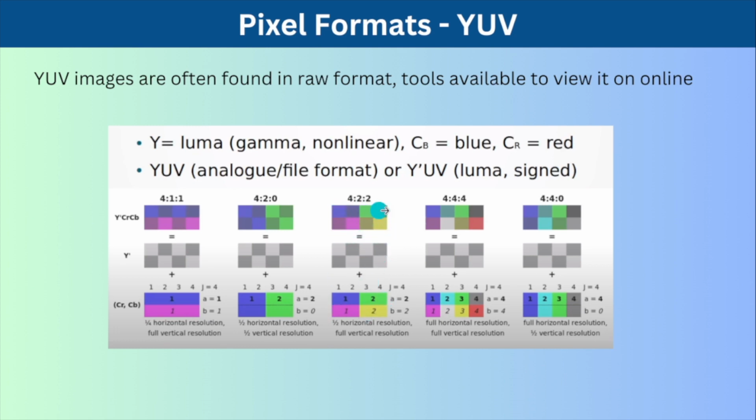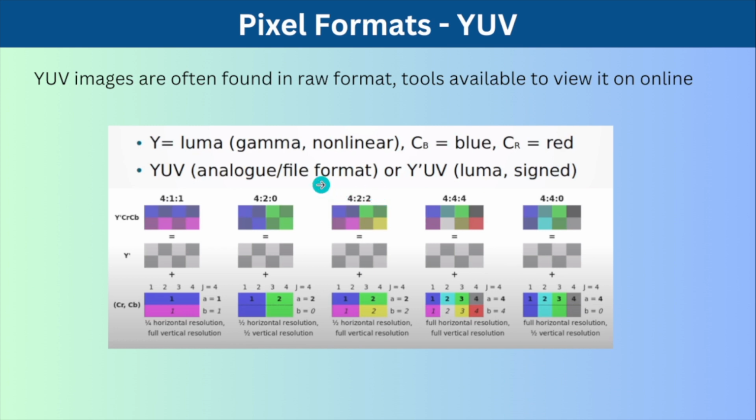So the U plane has 4 samples, where 2 pixels use one color value and the remaining 2 pixels use the other. That is why it is called 422 chroma sampling.